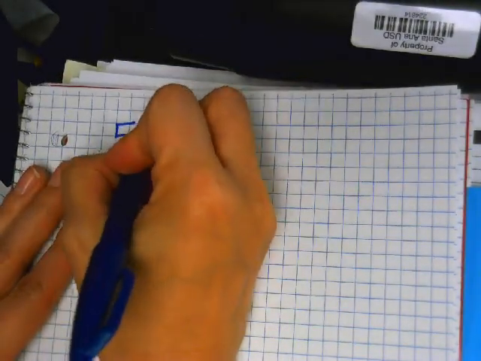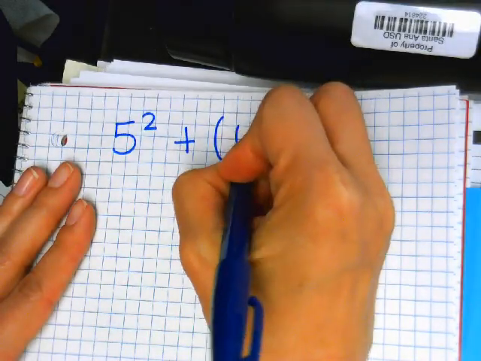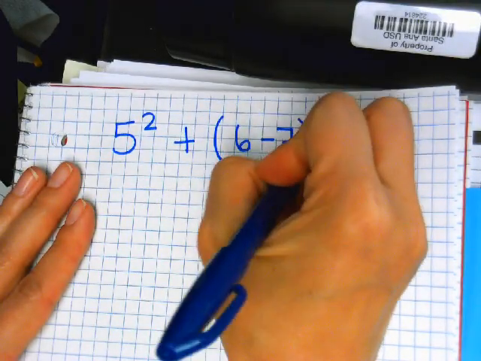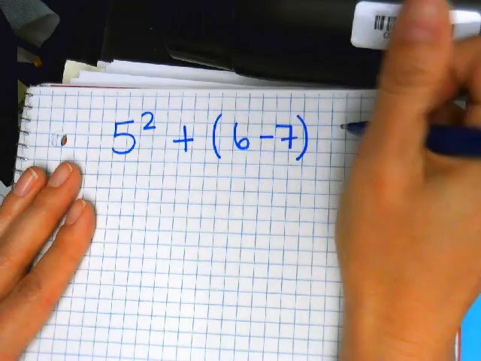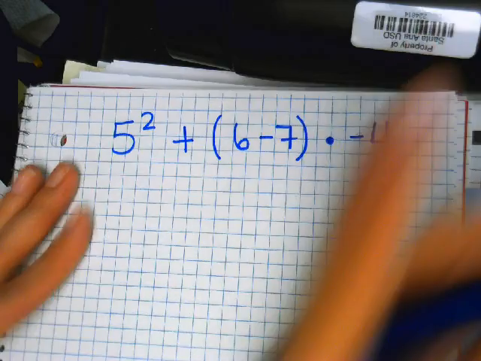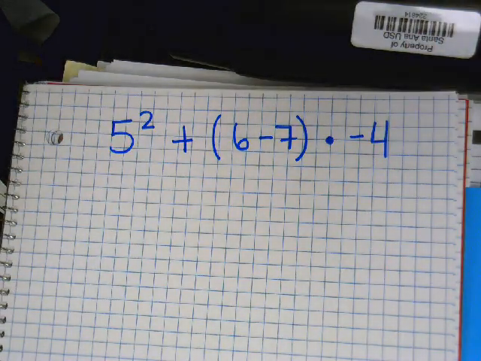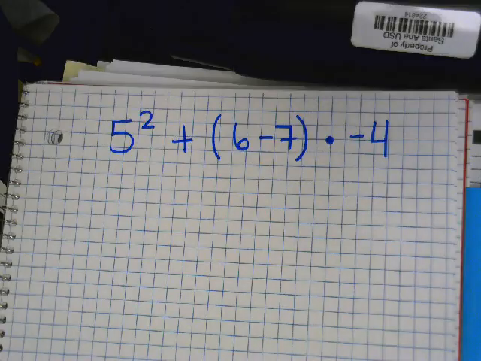5 to the power of 2 plus parentheses 6 minus 7 parentheses times negative 4. Okay, so what do I do first?